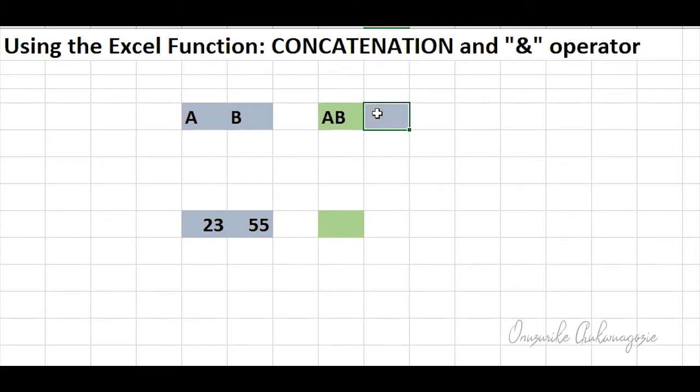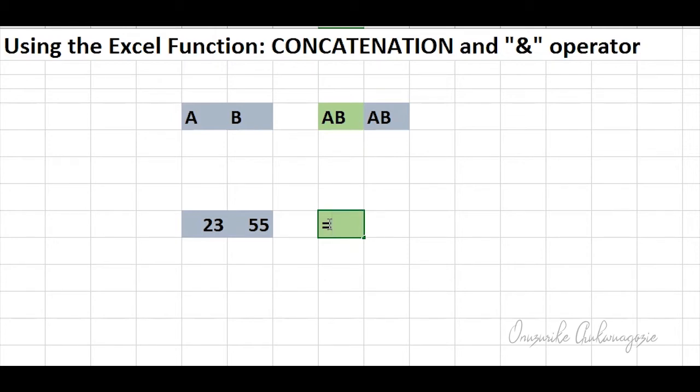All right, so you can also use the AND operator to achieve the same thing. Equal to this, and, okay, your AND is located on your keyboard, so you join them together. If you notice, we are achieving the same result. Also you do that for the figures, the numbers 23 and 55.